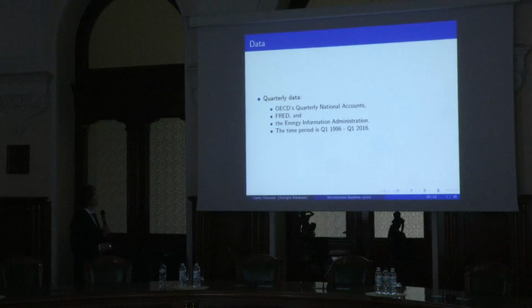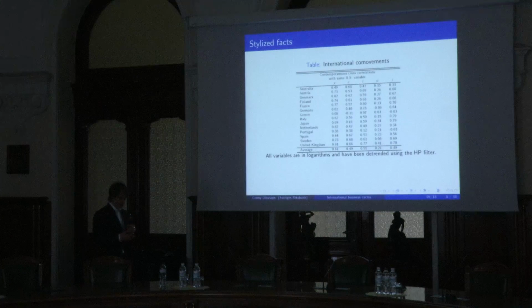So this is what it looks like. Here are international movements. What we see here are contemporaneous cross-country correlations with the same US variables. This is Australia, and Y is GDP.